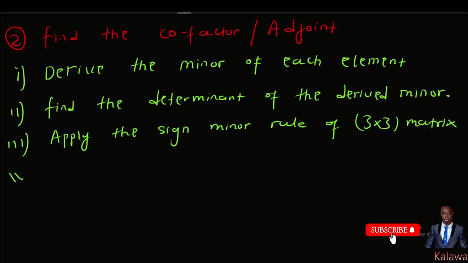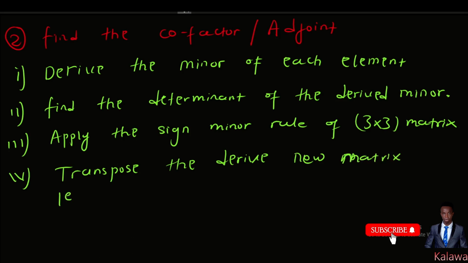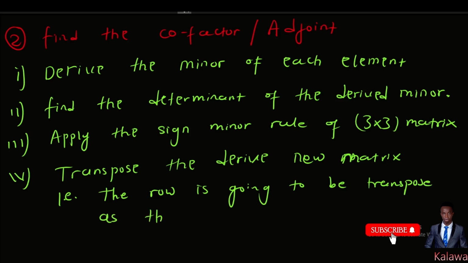And the final step, now we transpose the derived new matrix, that is, the row is going to be transposed as the column. So these are the steps you must follow.